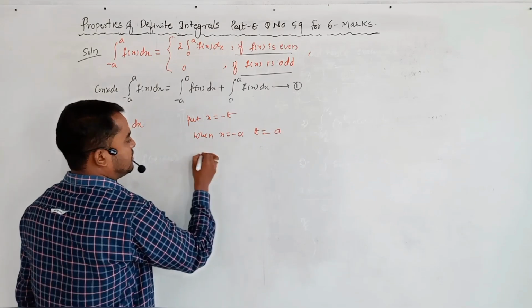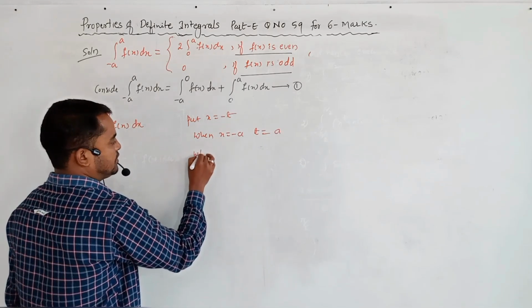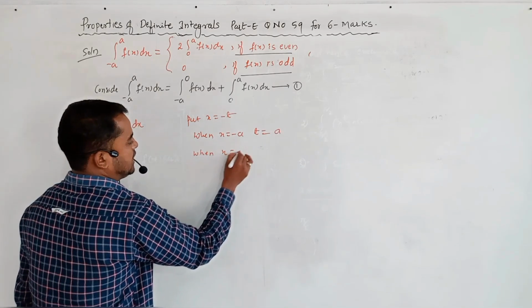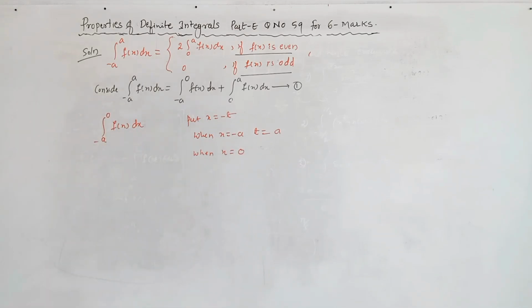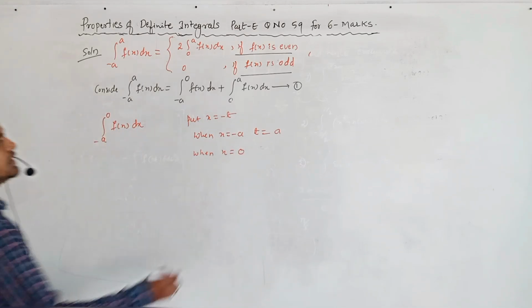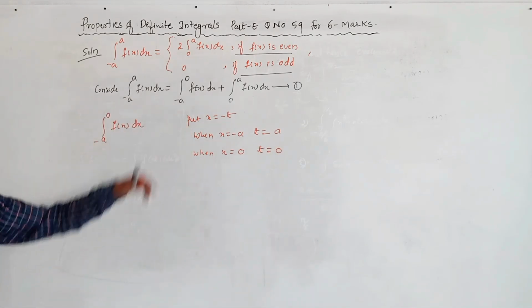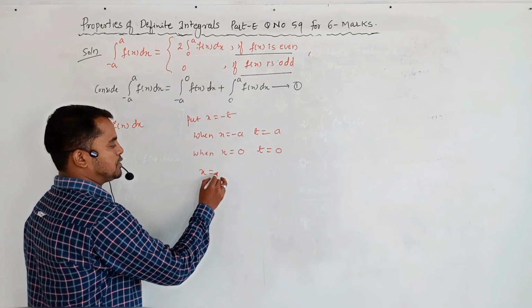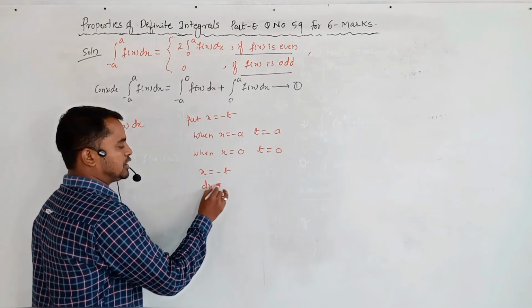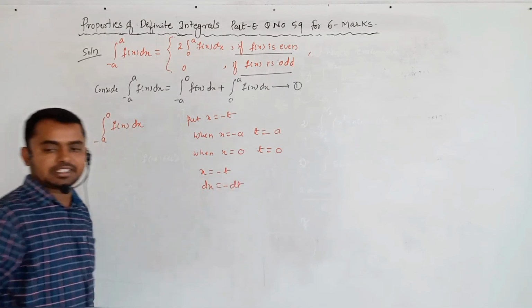Plus a. When x is equal to 0, t is also 0. Now x is equal to minus t, so dx is equal to what? Minus dt.